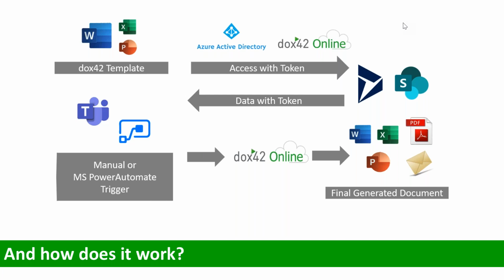It returns as data. We're using tokens for that. And then we have a trigger, which can be manual from Teams by one click or with Flow. And then with Docs42 Online, we return the finally generated document. Really just a short and quick overview. Of course, if you have some more questions on that, please ask us anytime.